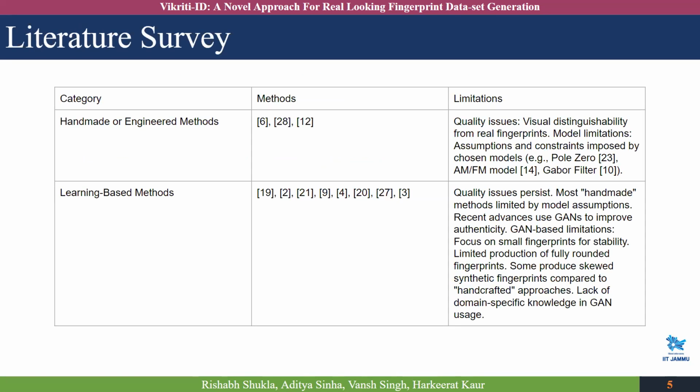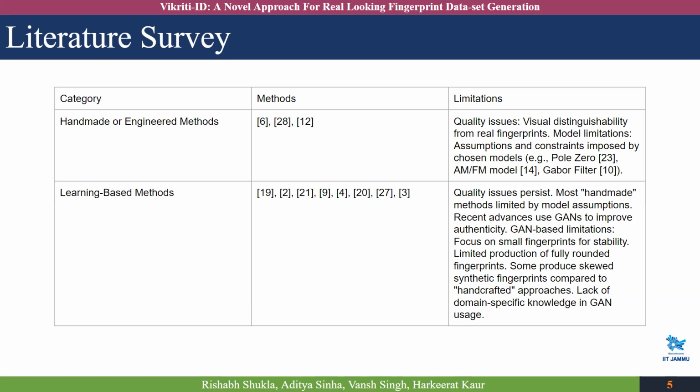There is some recent work also done in this field. It is not that no other work exists, but we have some work already in this field. We can divide it into 2 classes. The first is handmade or basic technique methods, and the second is learning-based methods. In the first class, we have methods where Gabor filters or Sammon mapping models are used.